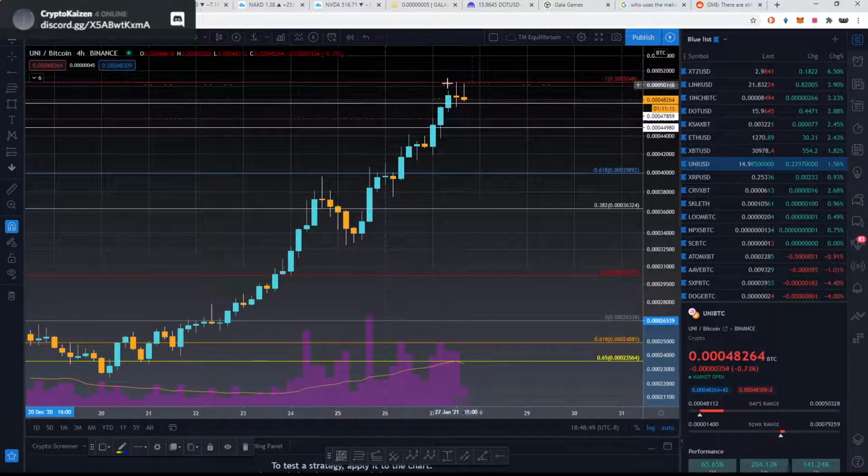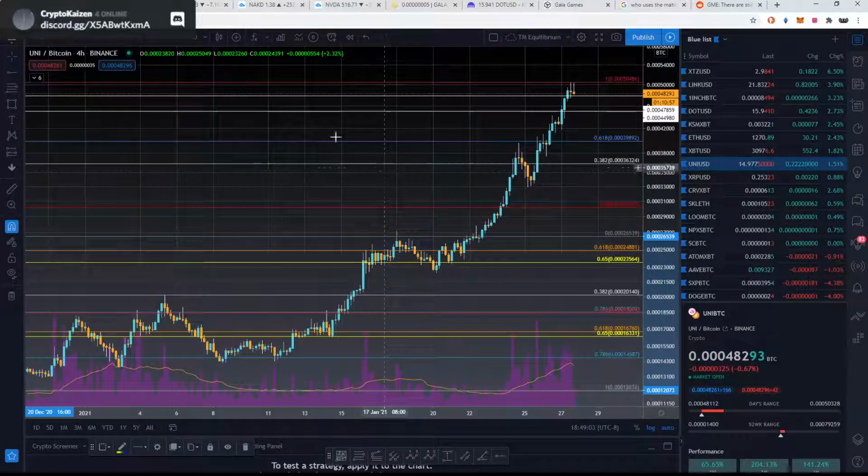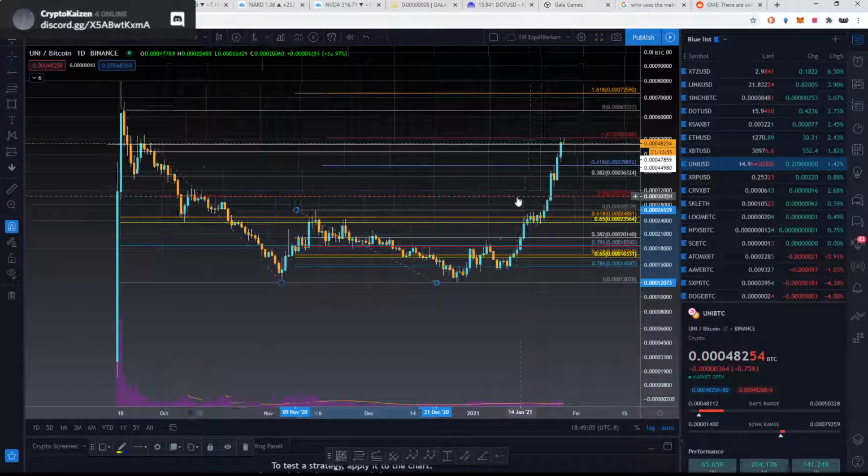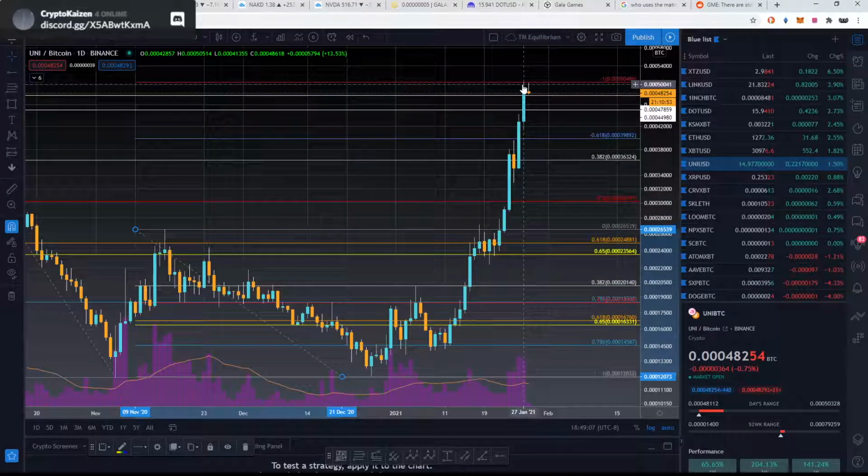So when you're looking at this, I would say be cautious, because we already had reaction here, it's the 1, after a big run up. This could be our spot. I'm actually tempted. I might actually sell my Uni here, right here.